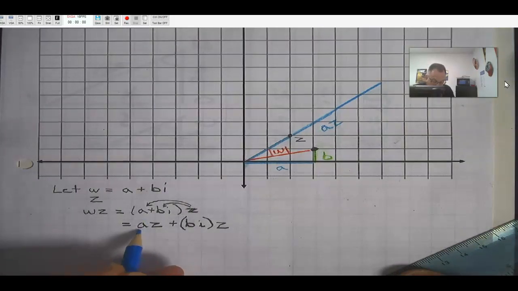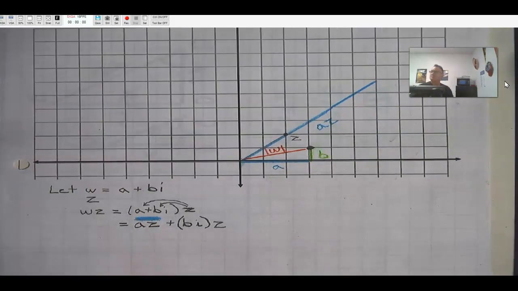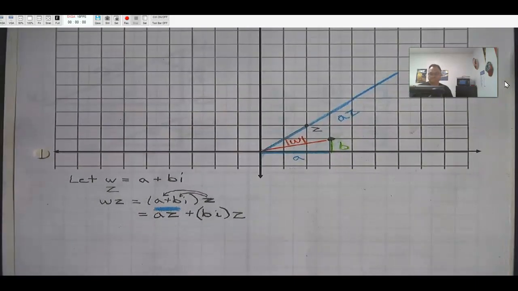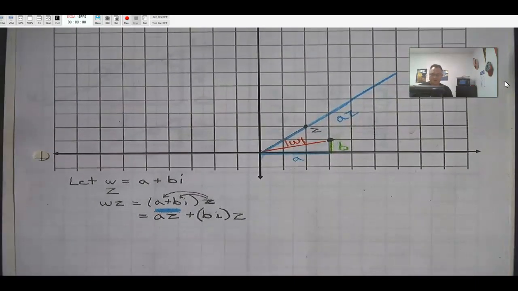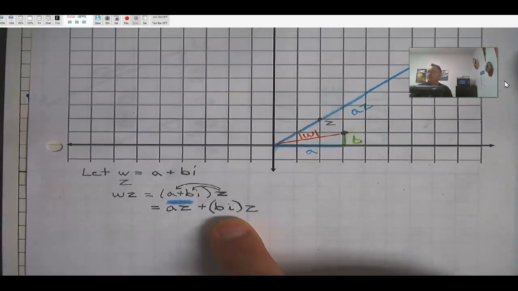This, in my case, this was blue. Okay, now we got to draw this line, BIZ.